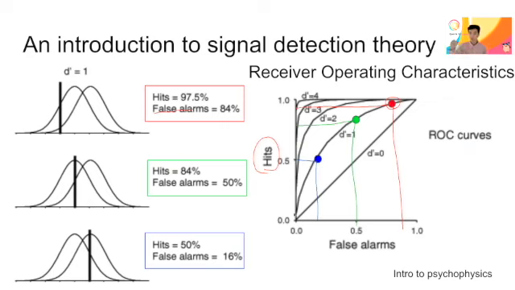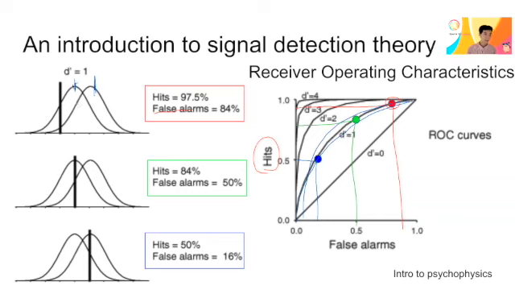And if you do this gradually across different levels of criterion, then you can draw this nice curve. This curve is independent of the criterion, and it just captures the separation of the Gaussians and also the degree of the variance of the Gaussian.